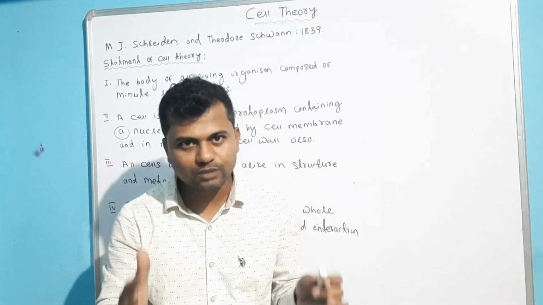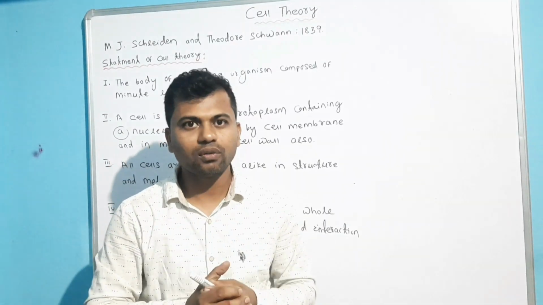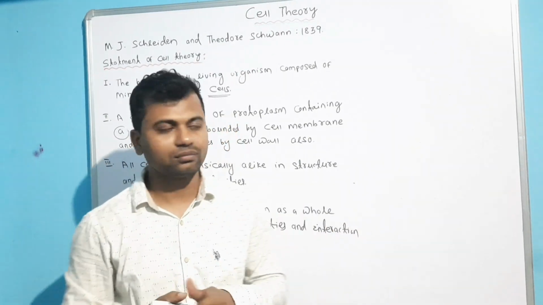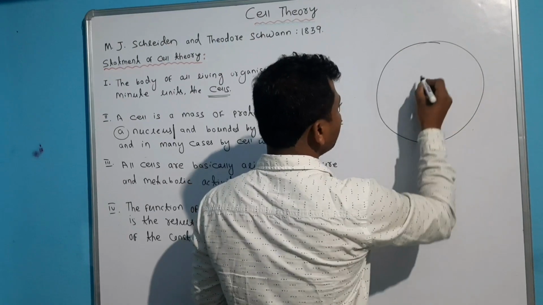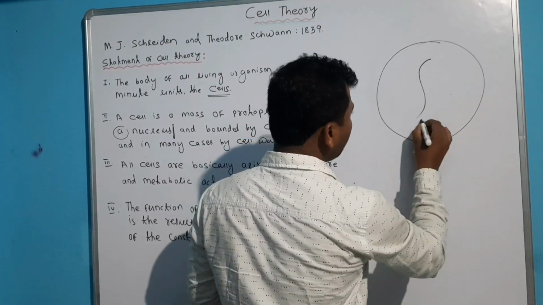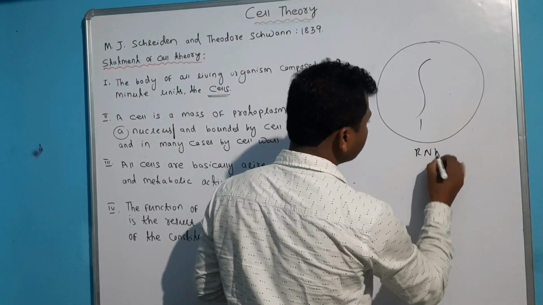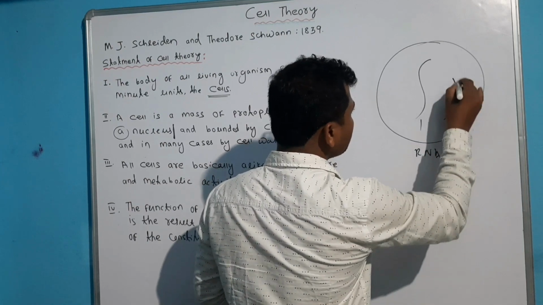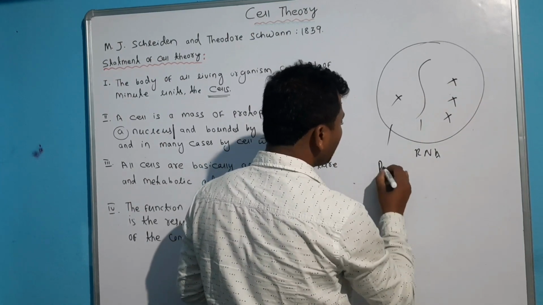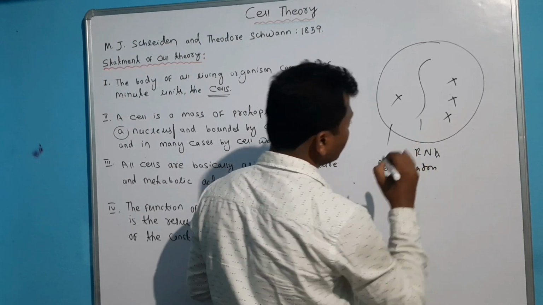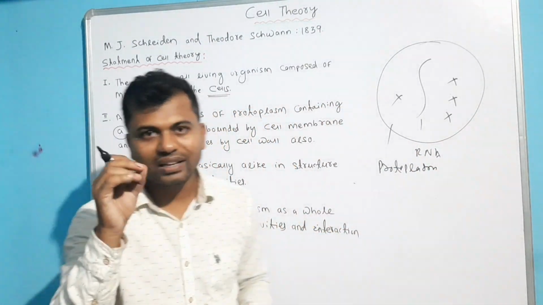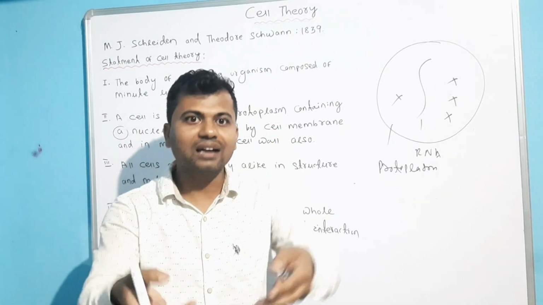Now we will explain this point by taking the example of COVID-19, or the coronavirus. This coronavirus has RNA as the genetic material. This virus does not have protoplasm, and when the virus is present in our body, it acts as living.